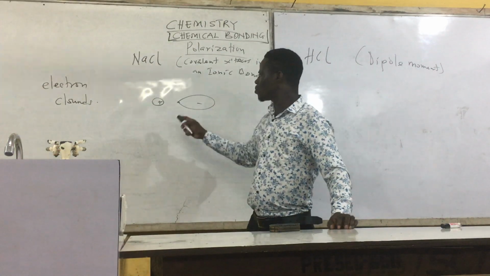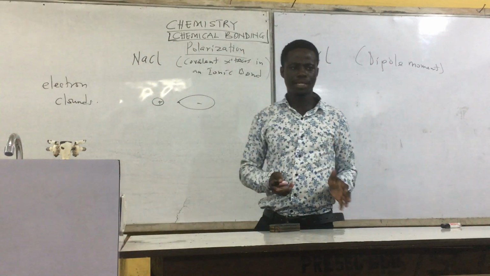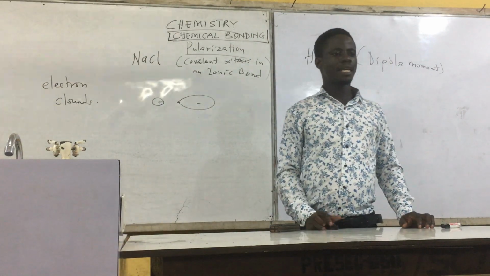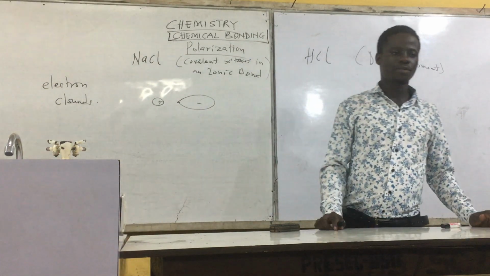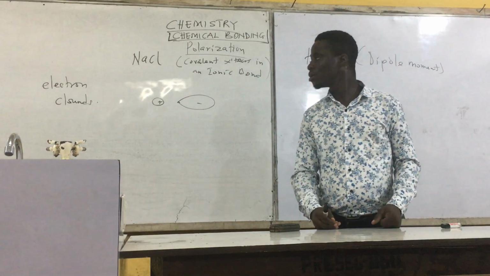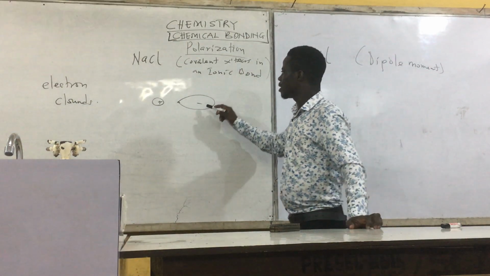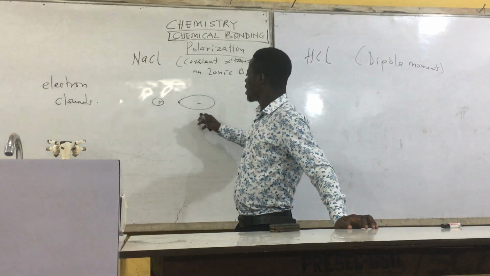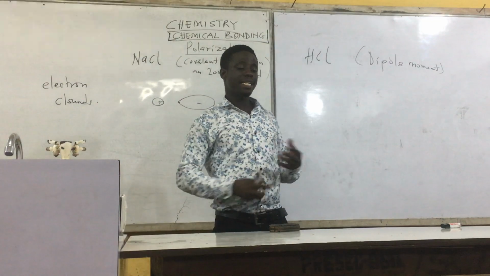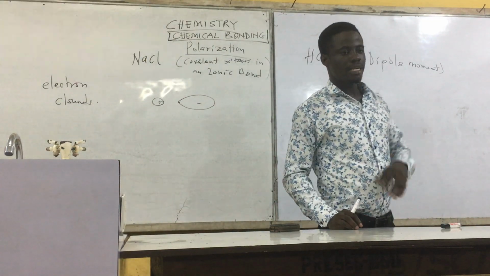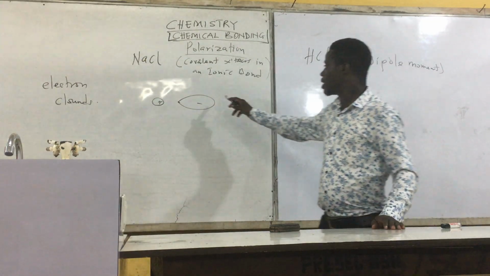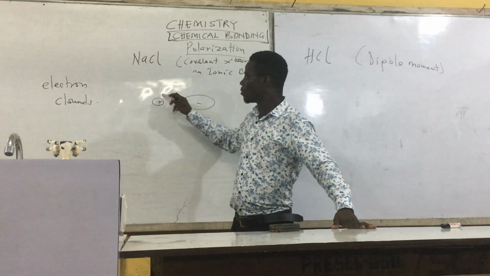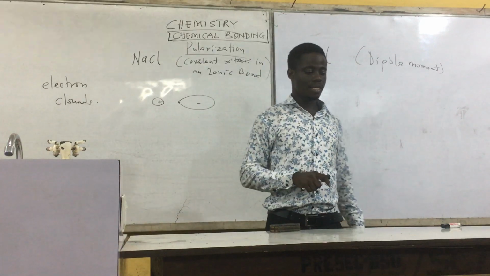For these two to come together, because of their polarities, there will be some sort of attraction. It's like putting a magnet and a magnetic substance together. So what is happening here is the distortion, a disturbance, of this electron cloud of this anion by this cation. That is what we term polarization.